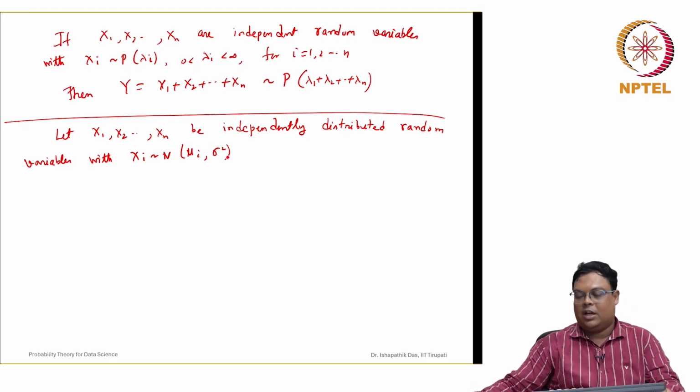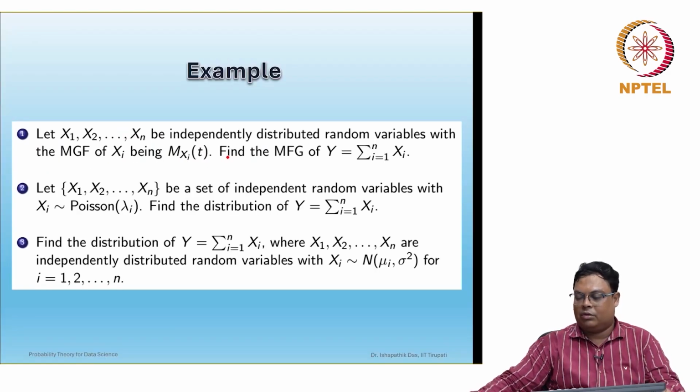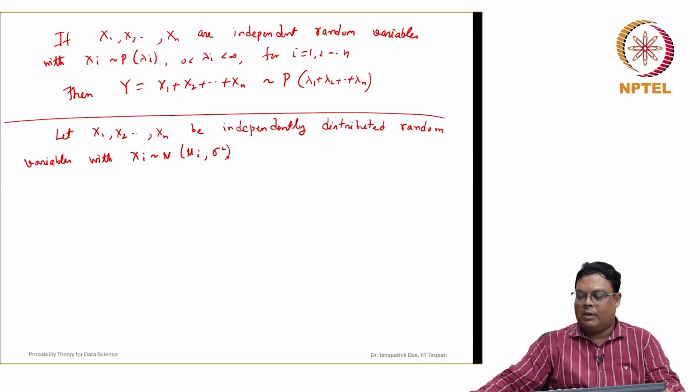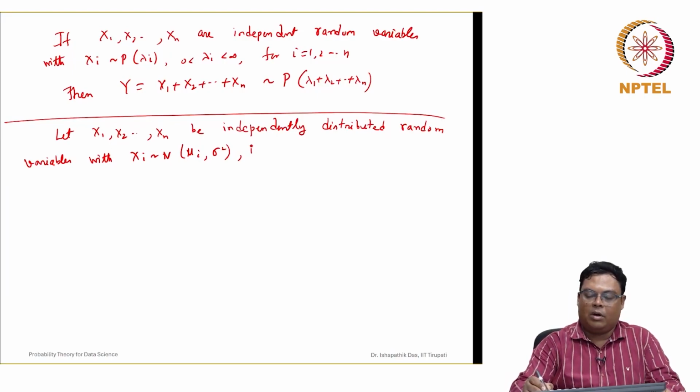We can consider different sigma_i for different i also, but here it is given as normal(mu_i, sigma squared) for i equals 1 to n.